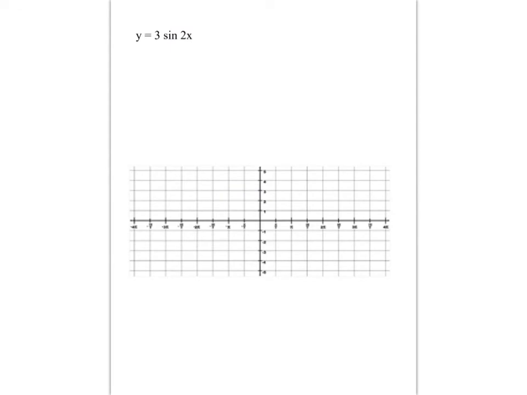Our final example, y equals 3 sine 2x. The first thing you want to do is describe the transformations. Starting off with that 3, that's our a value. And an a value of positive 3 is going to stretch the graph vertically.